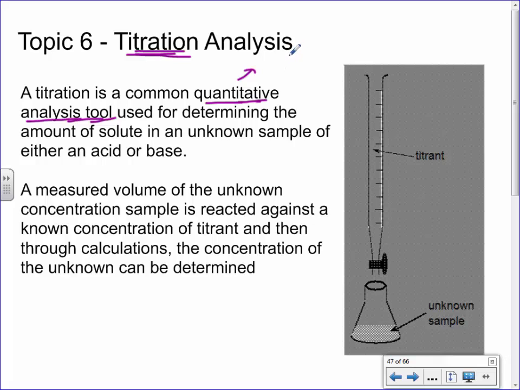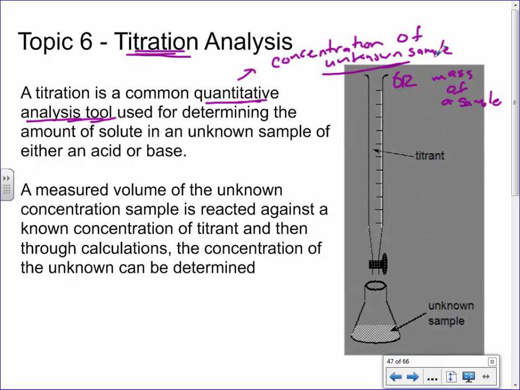Typically we're looking for one of two things: the concentration of an unknown sample, or sometimes the mass of a sample. But most of the time, and what we're going to do in our class, is find the concentration of an unknown sample.